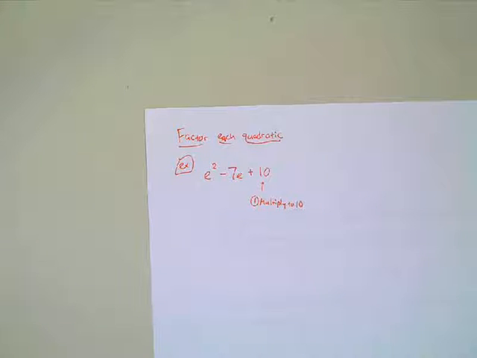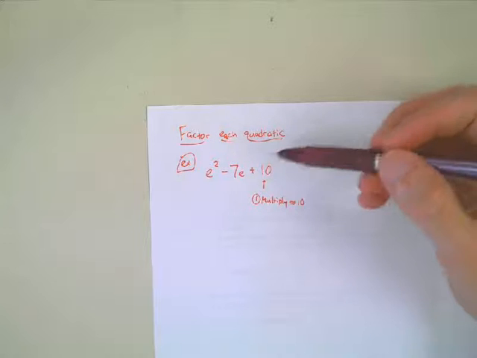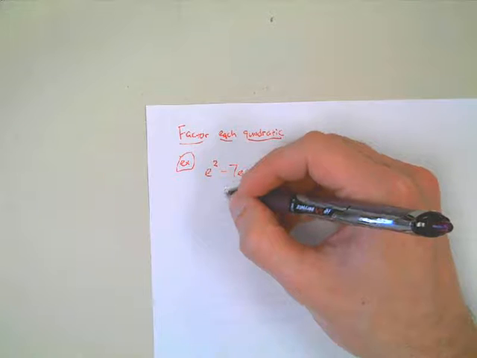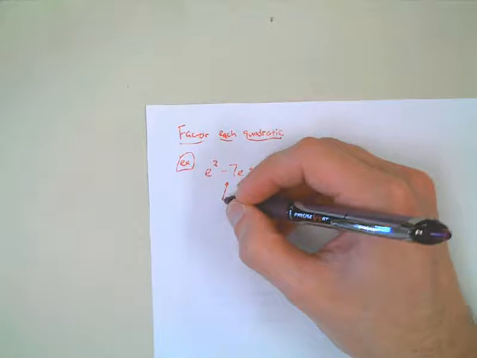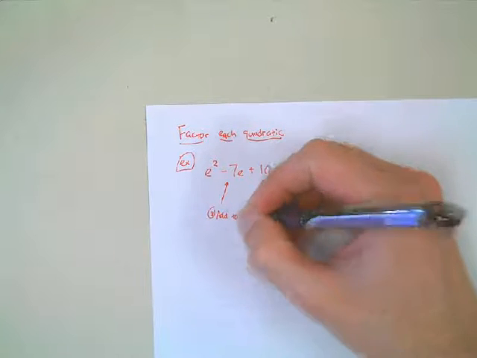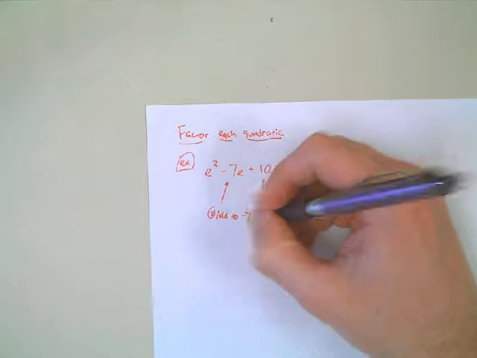But not just 7. Is it positive 7? Negative. Yeah, it's negative 7 because you have that minus sign right there. Okay? So we want them to add to negative 7.